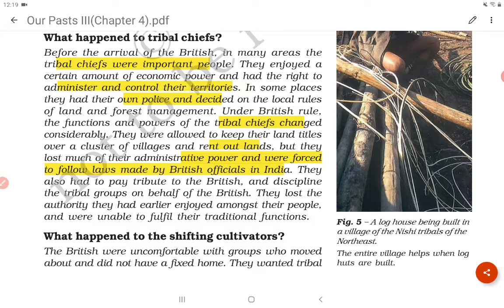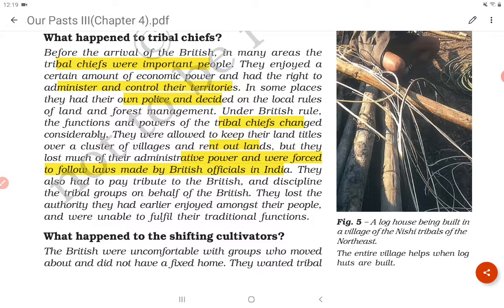Under British rule, the functions and powers of the tribal chiefs changed considerably. They were allowed to keep their land titles over a cluster of villages and rent out lands. But they lost much of their administrative power and were forced to follow laws made by British officials in India.